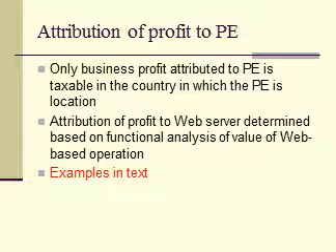Examples discussed in the text include various combinations of web servers with and without personnel, standalone versus multiple servers, and services that own intangible assets versus those that do not.